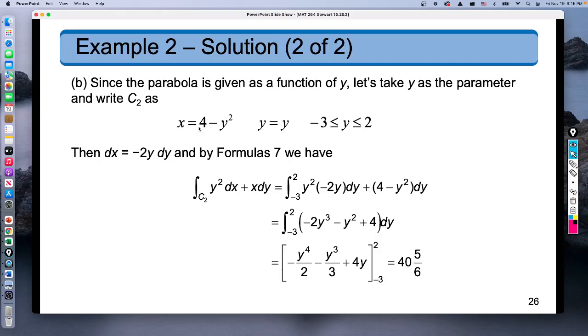We use this substitution, x is 4 minus y squared, so dx is going to be -2y dy, and so we make those substitutions. Dx is -2y dy, y squared stays y squared, x we replace with 4 minus y squared, dy, and now we've just got one dy, so we're actually able to integrate just nicely, combining the terms as they should be.